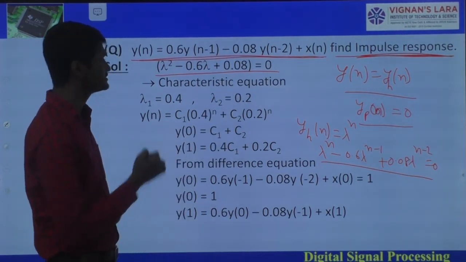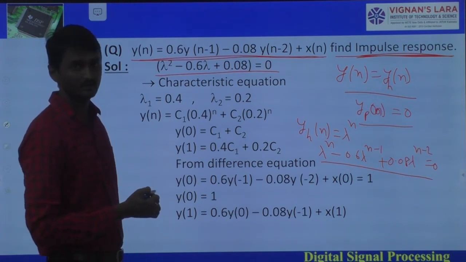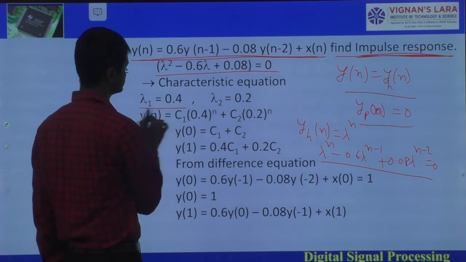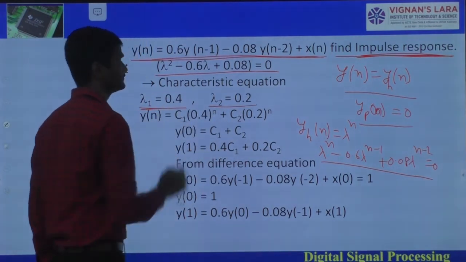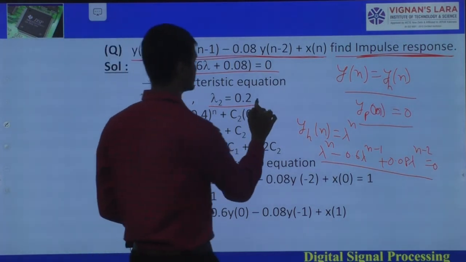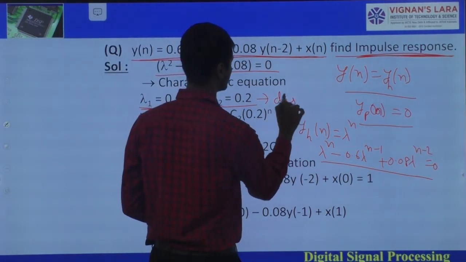Now we have to find the roots of this characteristic equation. The first root is 0.4 and the second root is 0.2. These two are distinct roots.